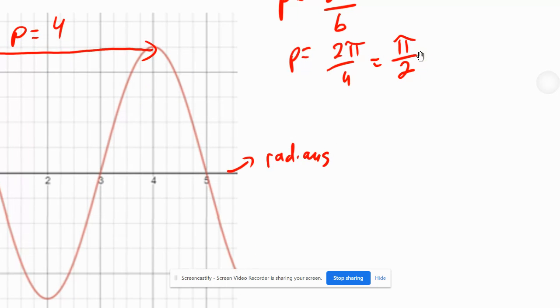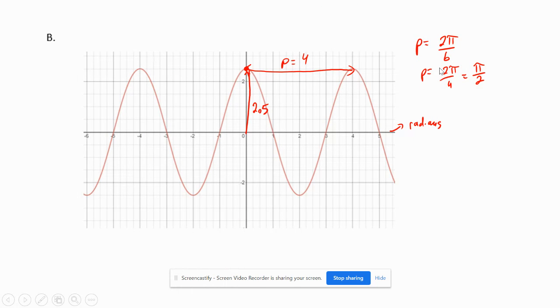Guys, I messed this up, sorry. Let me back up for a sec. P equals 2 pi over b, therefore b equals 2 pi over p. So we're solving for a b value here. That means b equals 2 pi over 4, which is our period, which is pi over 2. Before I said p was pi over 2, but actually it's b that's pi over 2 here.